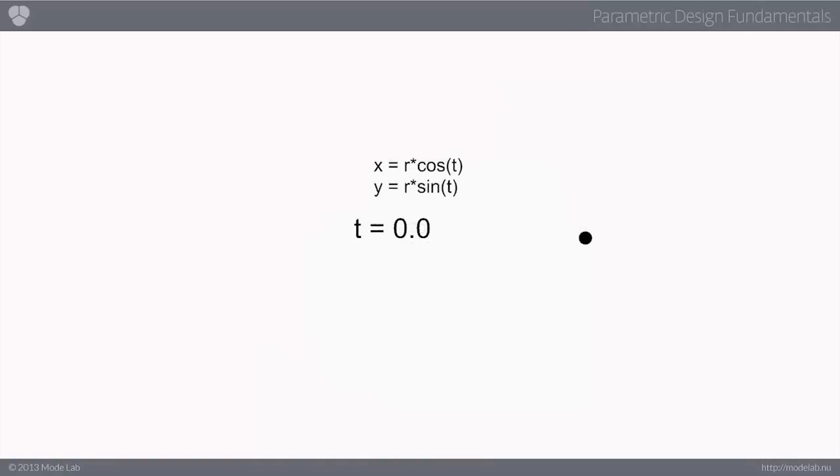When t is set to 0, we see that the point traveling along this trajectory is at the start of the circle. But as the variable t increases, we make our way around to 0.5 pi, or 90 degrees. Here, t equals pi, 1.5 times pi, or 270 degrees, and finally 2 pi, or 360 degrees.